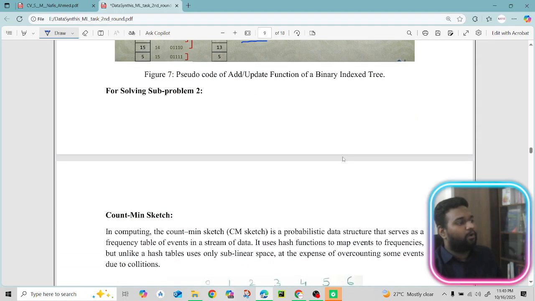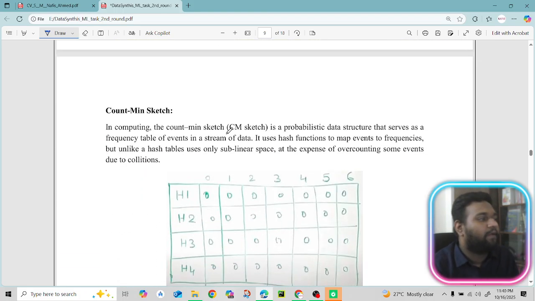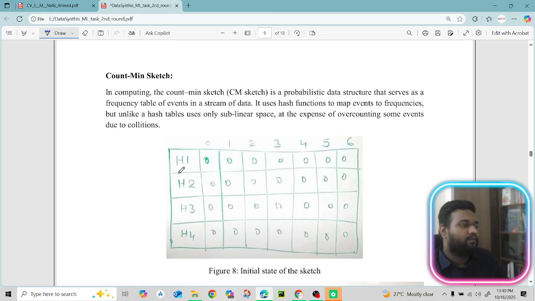Now for sub problem 2, I have chosen count min sketch, because the CM sketch is actually used for approximate aggregation. And how it works, because in CM sketch we're using sublinear space. What is sublinear space? We actually have a fixed amount of space, but the stream of data is infinite.